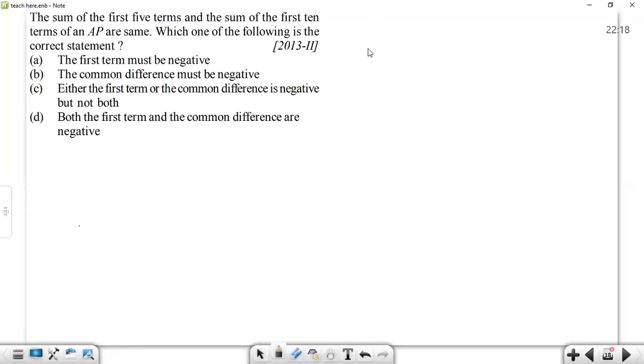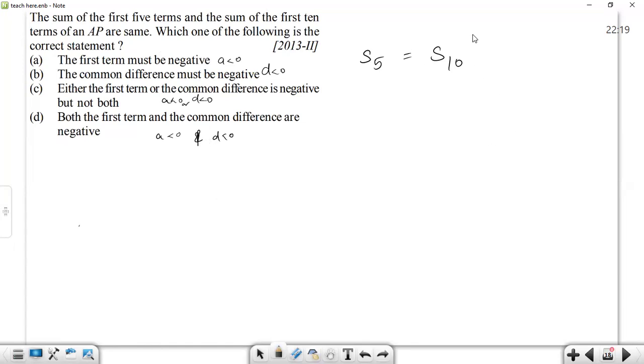So it is given that the sum of the first five terms, S of 5, is equal to the sum of the first 10 terms. Then we have to find what is correct. The options are talking about the first term being negative, the common difference being negative, either A negative or D negative, or both the common difference and the first term being negative.